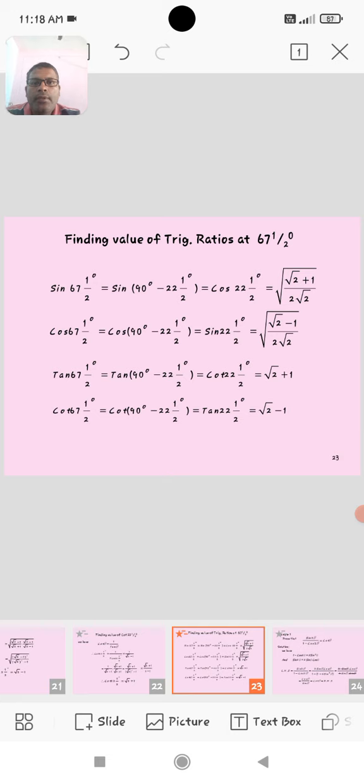Now the same, finding the value of trigonometric ratios of 67 and half.